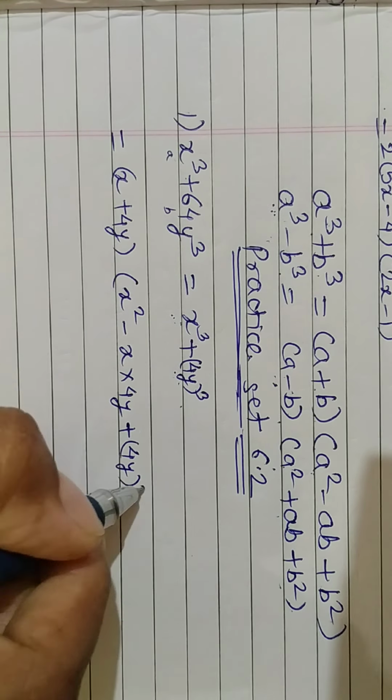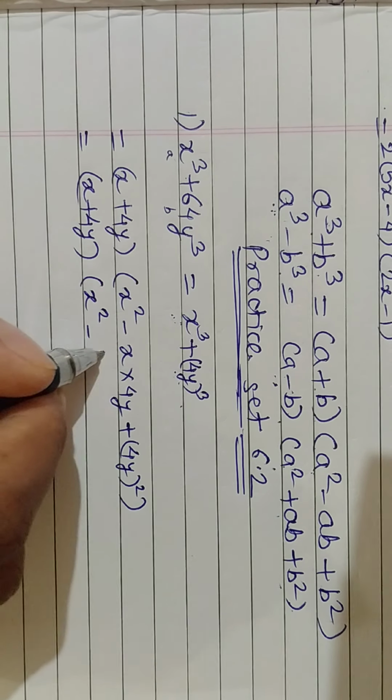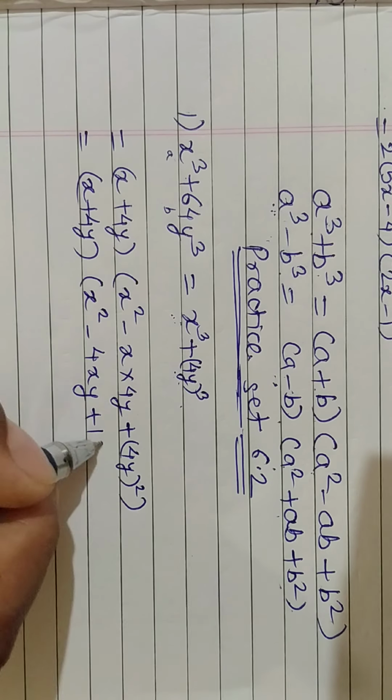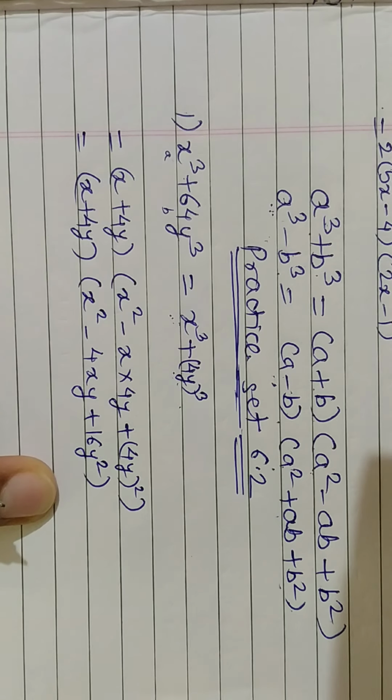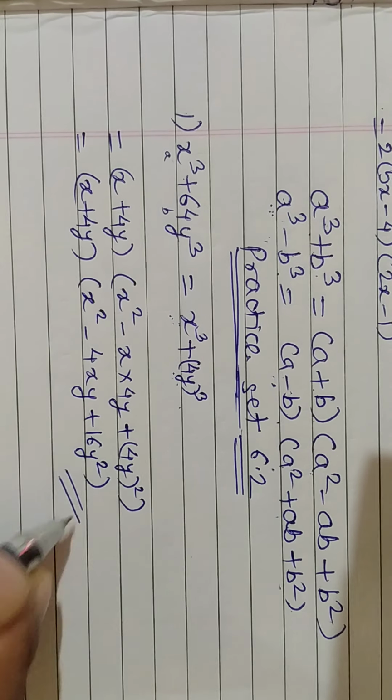So the first bracket as it is, second bracket x square minus 4xy plus 4 square, 16y square. That's it. Up to here only we have to solve. This is your final answer.